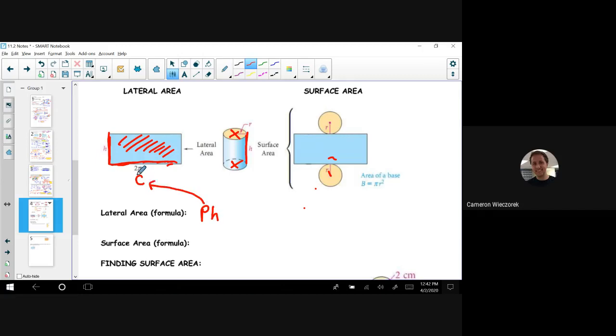And that perimeter in this case is just the circumference. And what do we know about circumference? You could think of it as 2 pi r and then times h. Or we also saw in chapter 10 the circumference is just pi times the diameter times h. But in general, it's really just the perimeter of the base times the height. The perimeter just happens to be the circumference in this case.